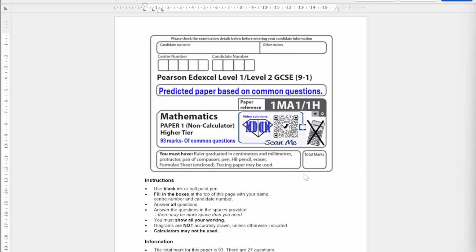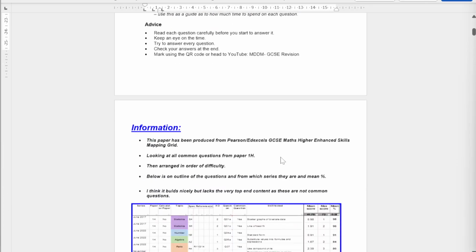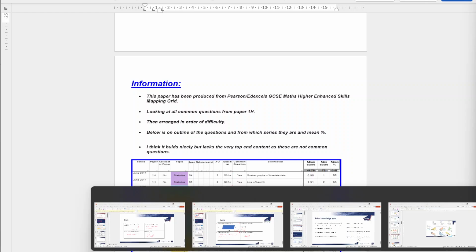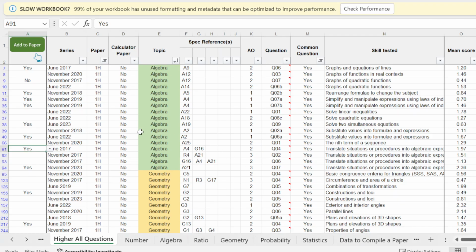Okay, so just to give you a rundown on this paper, I created this paper based on Pearson Edexcel's Math Higher Enhanced Skills Mapping Grid. So I'll just show you the document, to be fair.